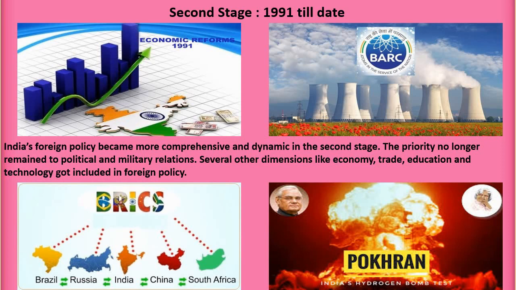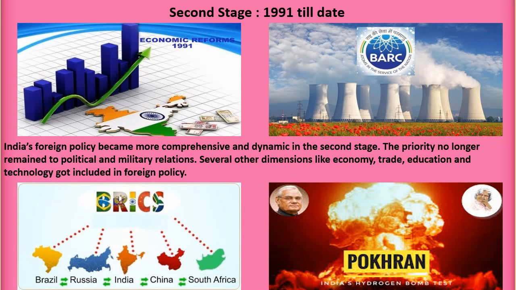We have also made missiles carrying nuclear weapons, and the Air Force and the Navy have been enabled for carrying them. Students, now India is a country which has nuclear weapons.